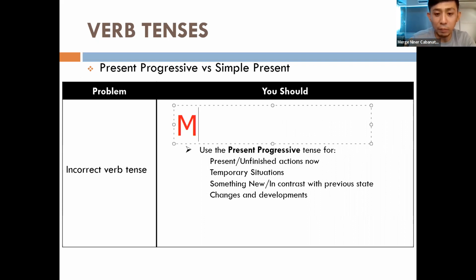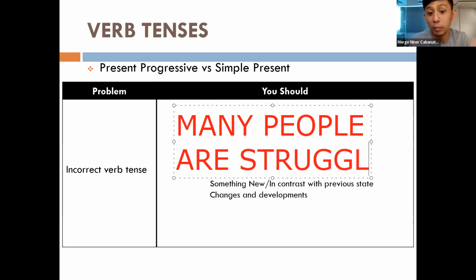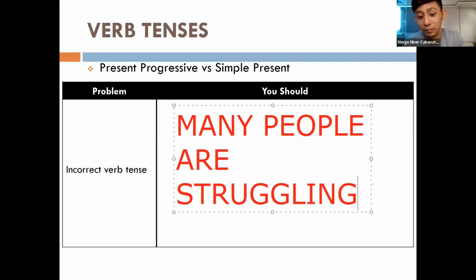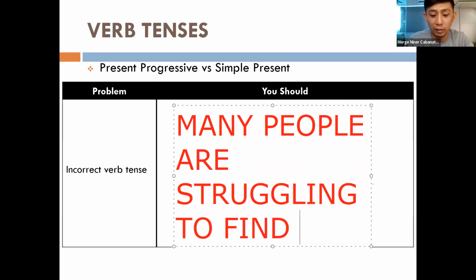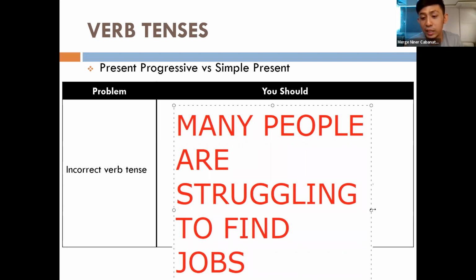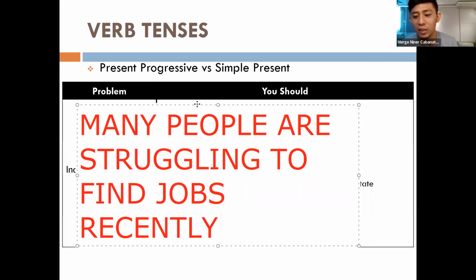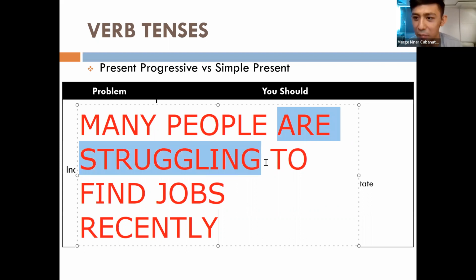Halimbawa, many people are struggling to find jobs recently. Nakita? Yung ginamit ko na word? Recently. Now. These days. Today. Huwag gagamitin nowadays. Alright? So pag nakita niyo yung mga recently, today, these days, currently, at present, am, is, are, plus verb ing.